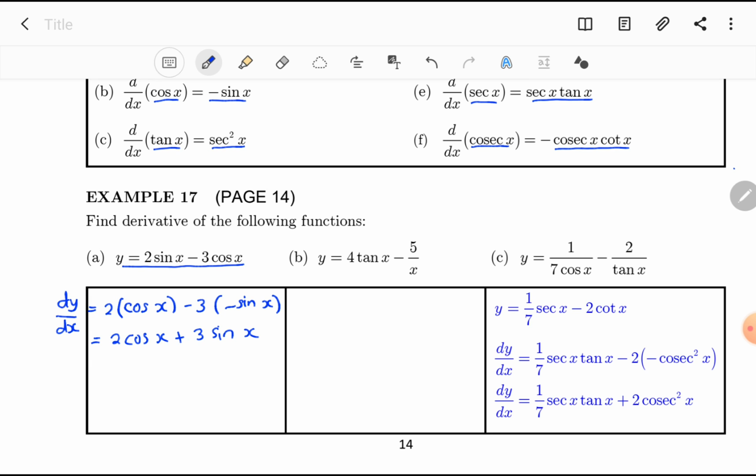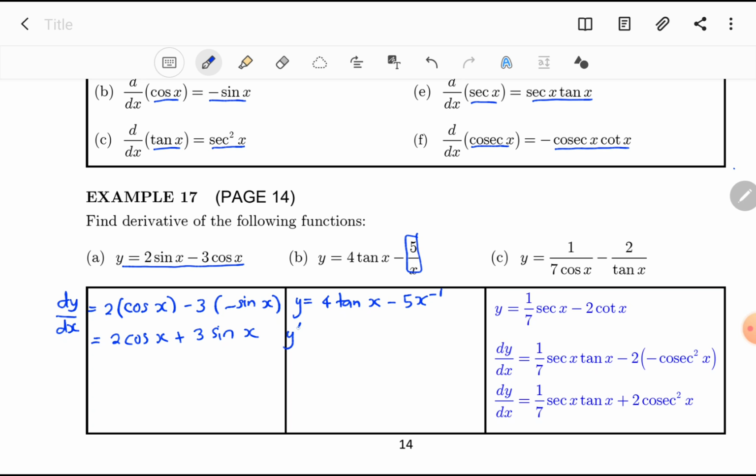Part B. Y equals 4 tangent x minus 5 over x. We can write y equals 4 tangent x minus 5x power of negative 1. We change to negative index.